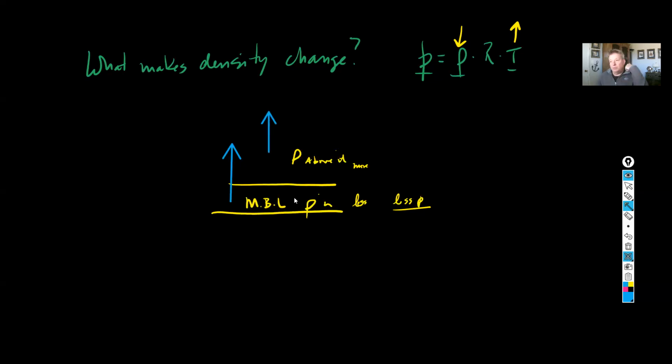So if I just think about pressure in terms of the weight of the air above me, there's going to be more pressure down here than up here. Okay, what else happens? Well, the temperature in the molecular boundary layer is warmer. So because it's warmer, it would be less density.